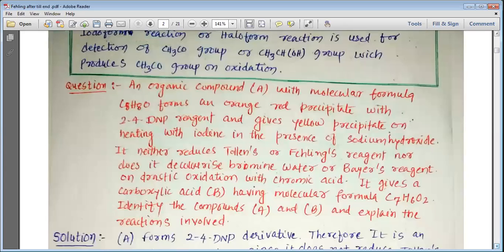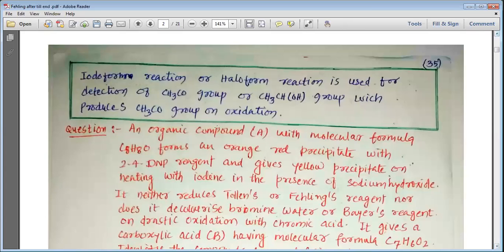Now let us understand the iodoform test with one more important example, where we are going to use all our knowledge. Remember, my dear students, that the iodoform reaction or haloform reaction is used for detection of the CH3CO group present in a compound, or the CH3CH(OH) group present in the compound.